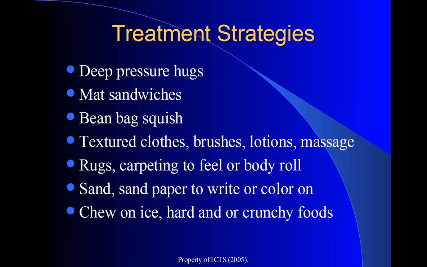But what I really want to integrate here during these treatment strategies is be very careful when you're creating your own sensory diet. A sensory diet is what you're creating when you're looking at these strategies. A sensory diet is a daily selection or input of various sensory activities.